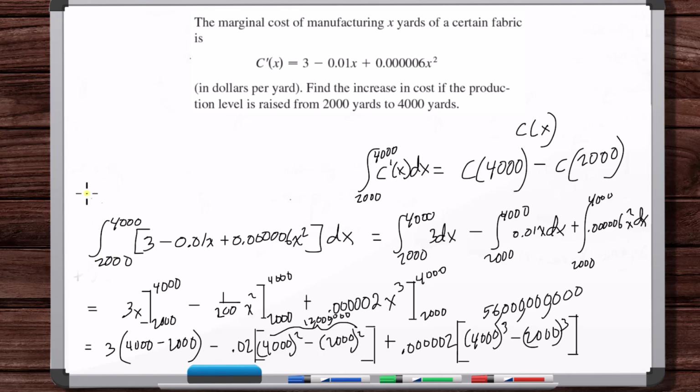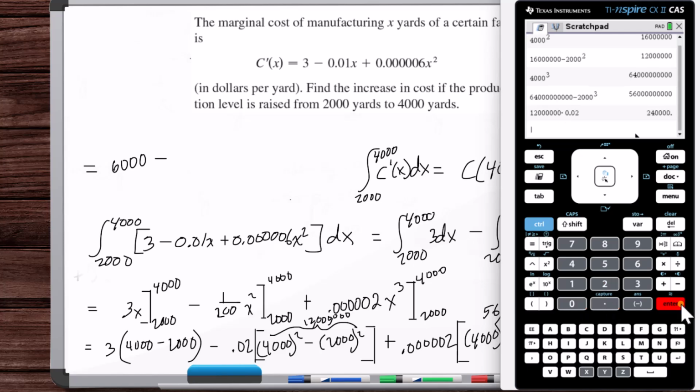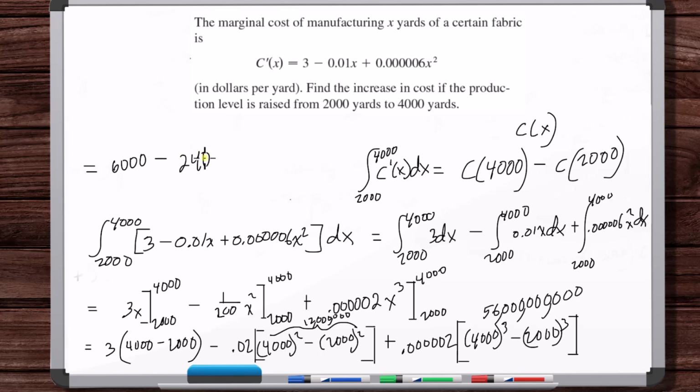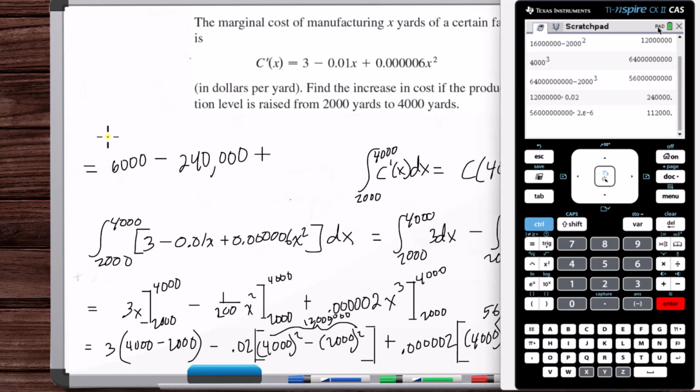Okay, so this is 4,000 minus 2,000 is 2,000. 2,000 times 3 is 6,000. Minus 0.02 times 12 million. That's 240,000. Plus 56 million times 0.123452.